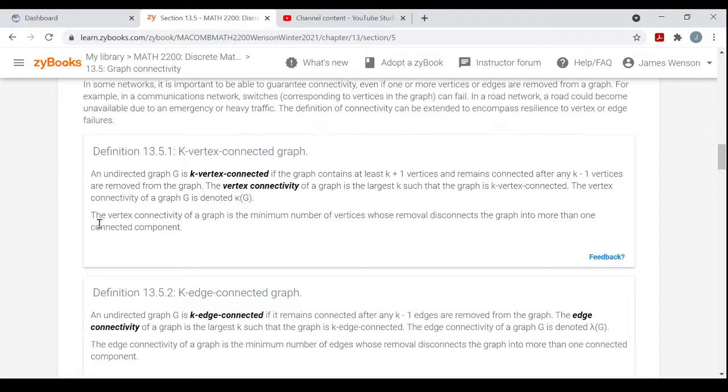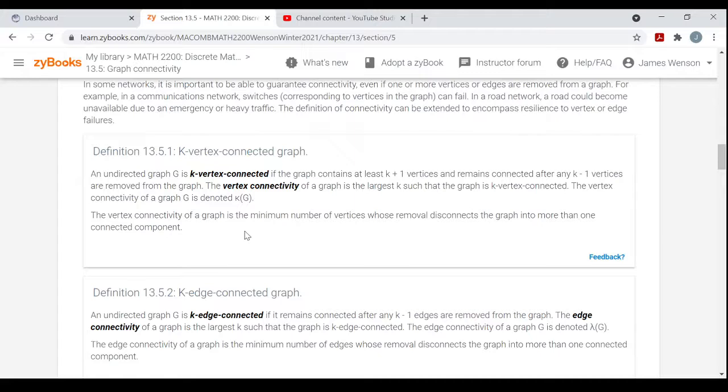All right. And the vertex connectivity of a graph is the minimum number of vertices whose removal disconnects the graph into more than one connected component. So if I say the vertex connectivity of a graph is 5, that means there is a set of 5 vertices I could remove to make the graph disconnected.